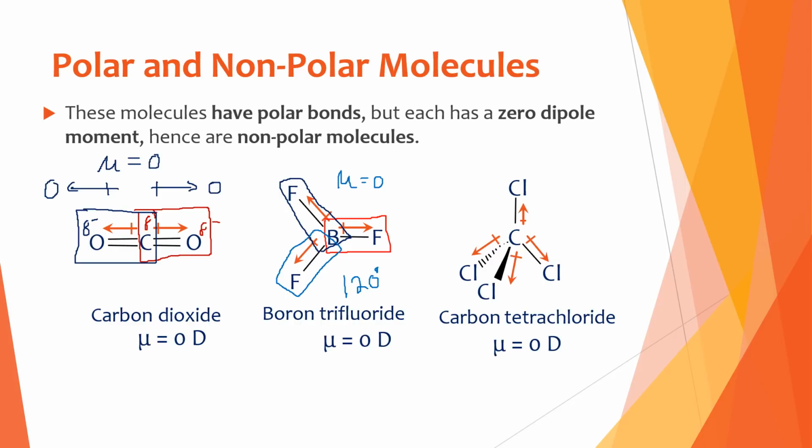But for the tetrahedral molecular shape, each bond angle is 109.5 degrees. So that is why the dipole moments between each chlorine atom and the carbon atom will cancel out each other. When they cancel out each other, the dipole moment will equal 0. And when the dipole moment is equal to 0, the molecule will become a non-polar molecule.